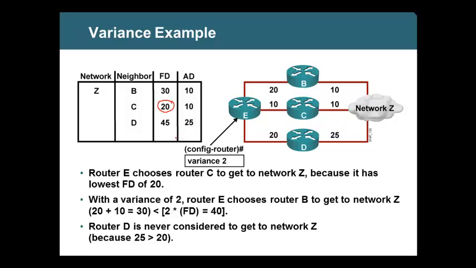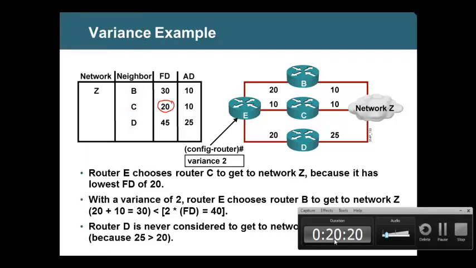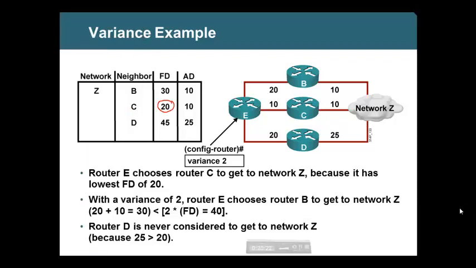When the variance is 3, how many paths will be used? I want someone else to answer. When variance is 3, how many paths will be used from E to Z? 3 paths.